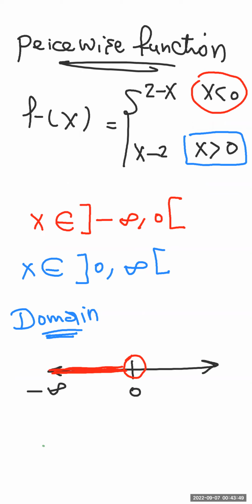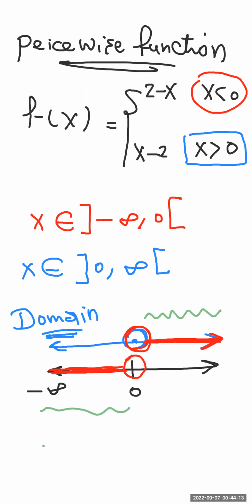The other interval is like this, it's also 0 and opened. I will use a different color. 0 and opened, and also shade the positive direction like this. So the domain here, guys, is this part and this part.